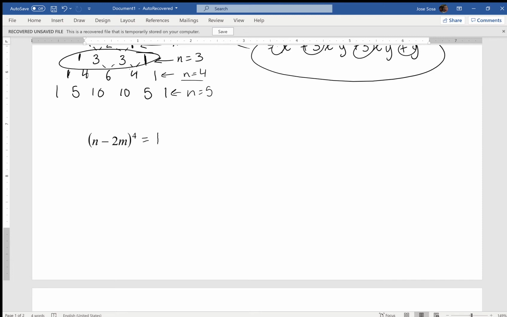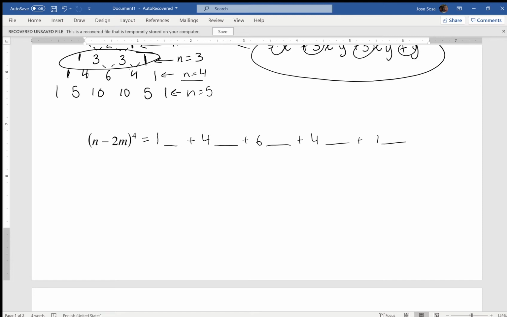So I'm going to write down all the coefficients. 1, I'm going to leave some space here, plus 4, space, plus 6, space, plus 4, space, plus 1, space. And remember that the space is going to be filled by the variables.